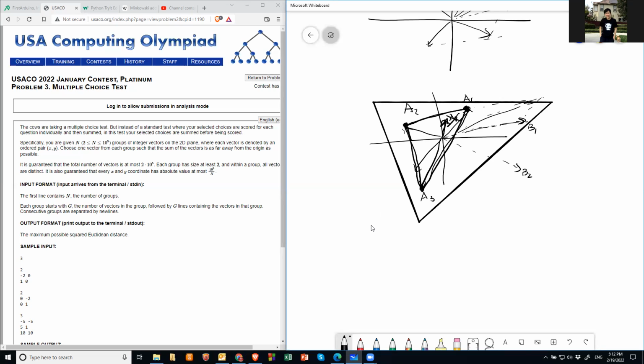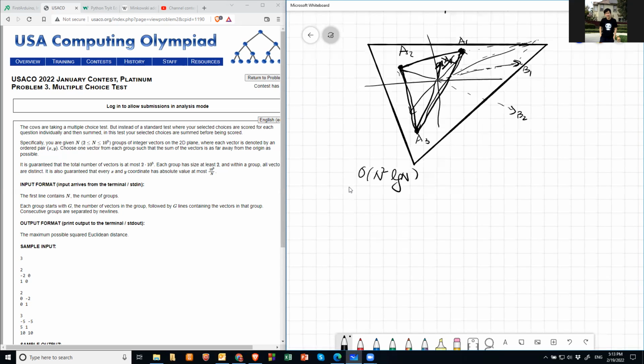That will take n squared, and convex hull also takes log n. So my n here, I should say T, the total number of these things. Let's just call it n instead of T. So it doesn't work.